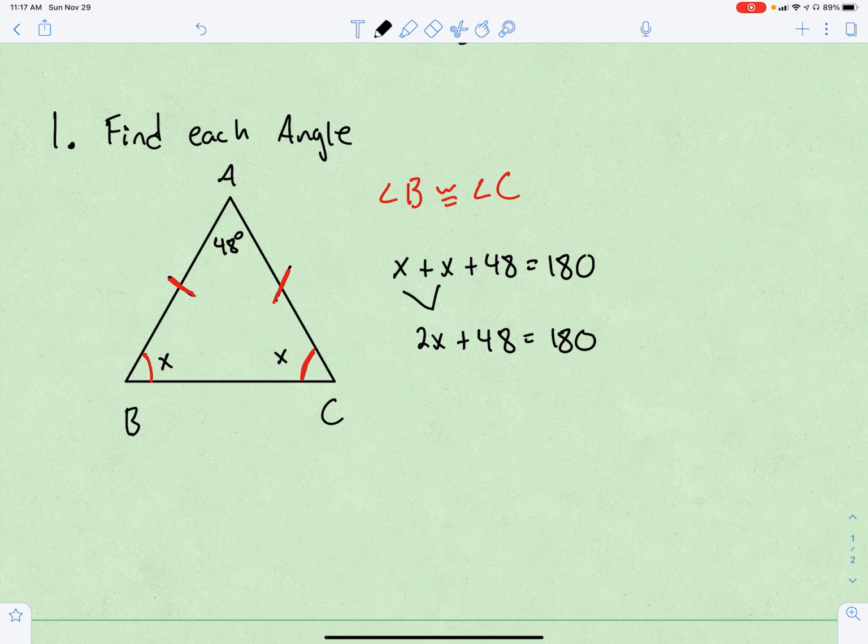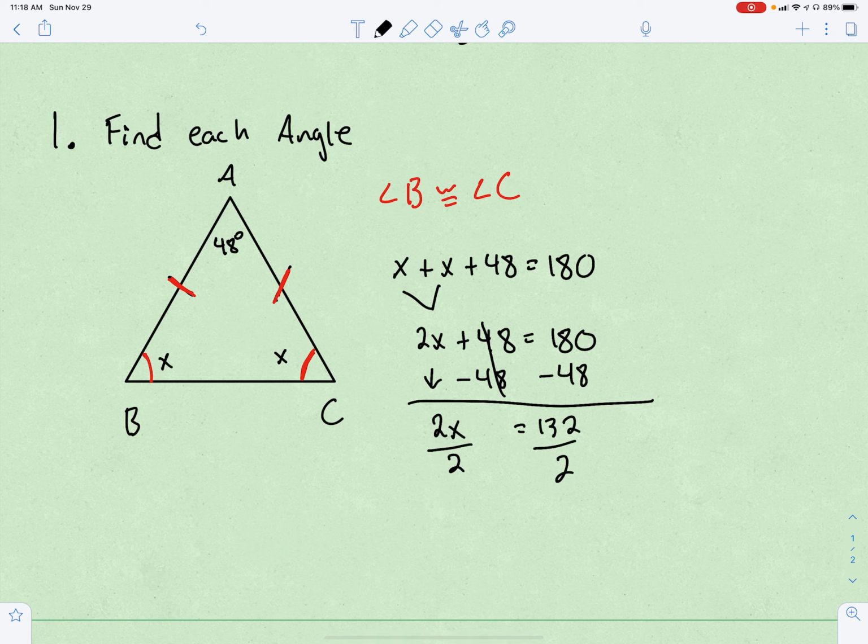Now we're at a two-step equation. So the next thing we're going to do is subtract 48 from both sides. We know our 2X comes down. We know that cancels, and we know that 180 minus 48 is 132. And then we divide both sides by 2, and we get 66.